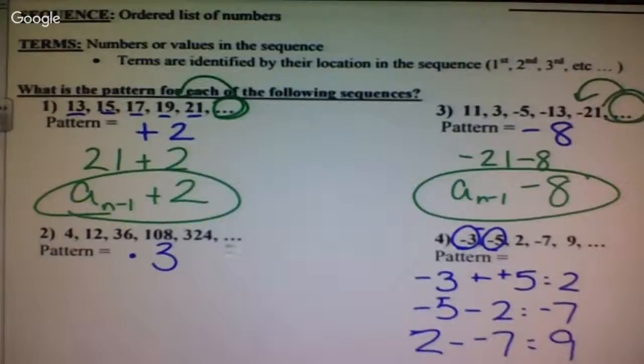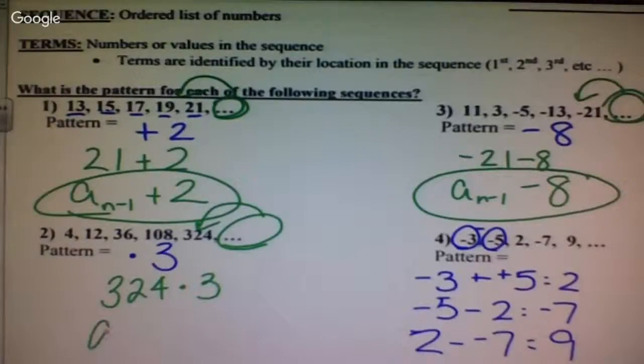How would I get this number using numbers? 324 times 3. So I need to go 1 number back, a sub n minus 1, times 3. Or you can also write that as 3 a sub n minus 1.